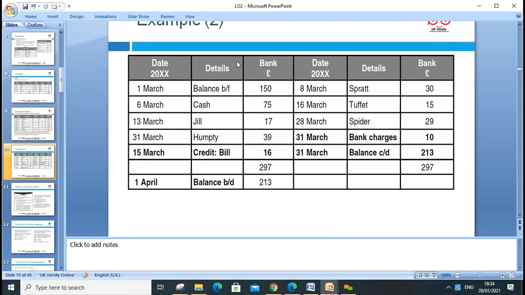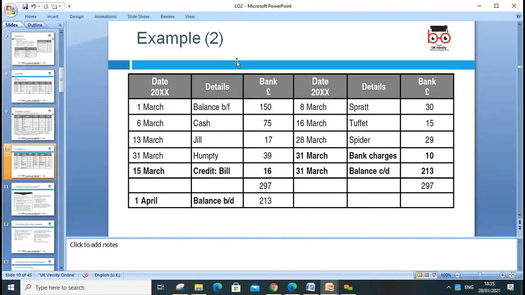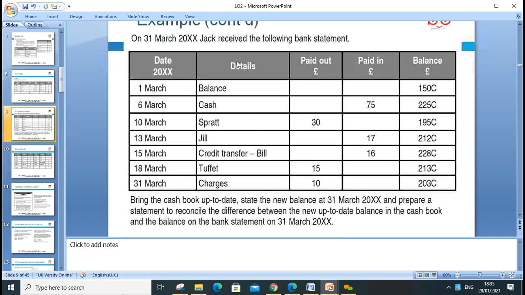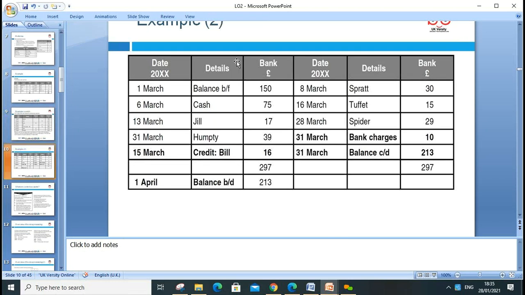If we look here now, what we've done is match it. The bank balance was 150, and 75, these are all the balances we have. First we balance the cash book, this 16 pound bank credit. If we look in the bank statement, can we see the 16 pound here? Yes, the bank statement shows a 16 pound bank credit, but I didn't record it in my cash book.